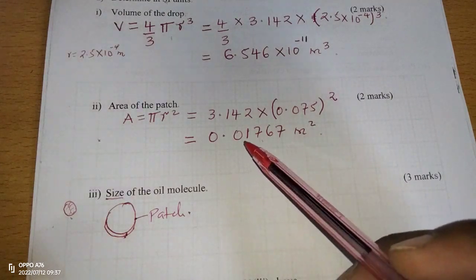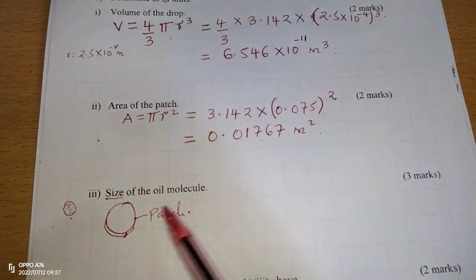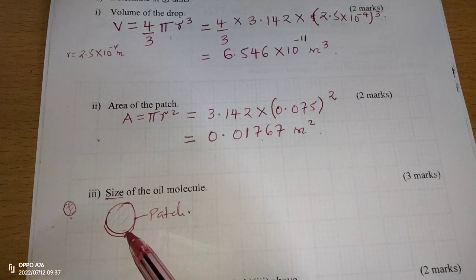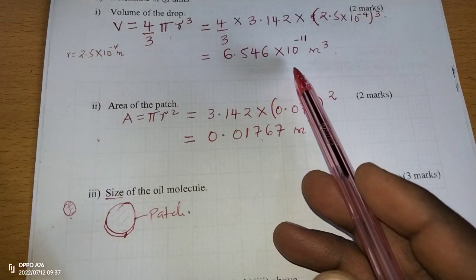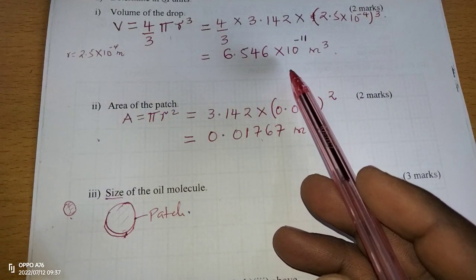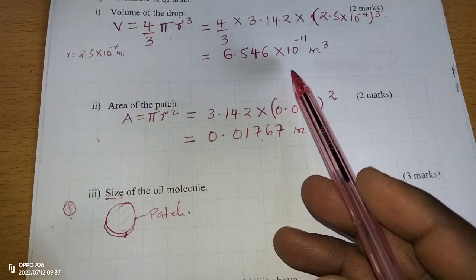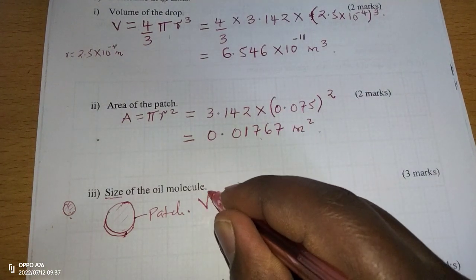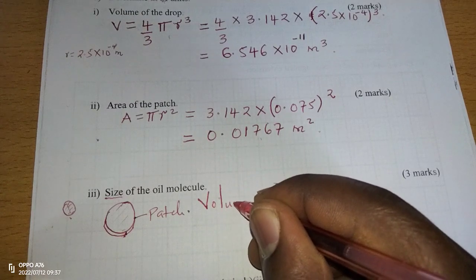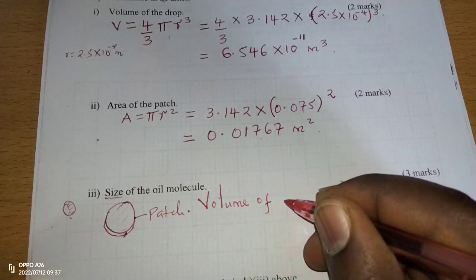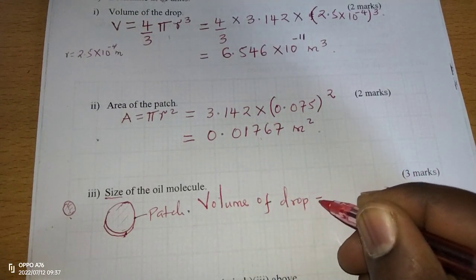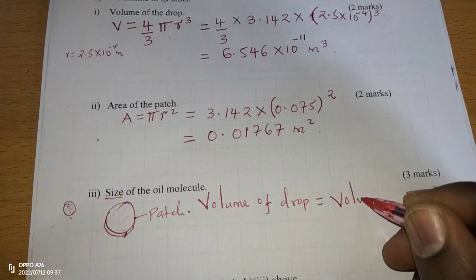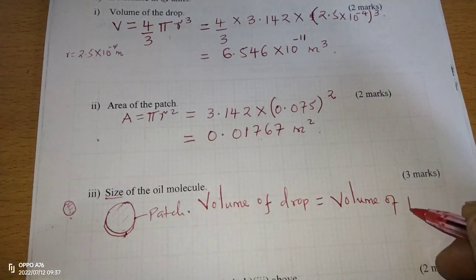We have the cross-section area, which we have already calculated, multiplied by the thickness, to give us the same volume the drop had when it was spherical. So we can say volume of the drop is equal to volume of the patch.